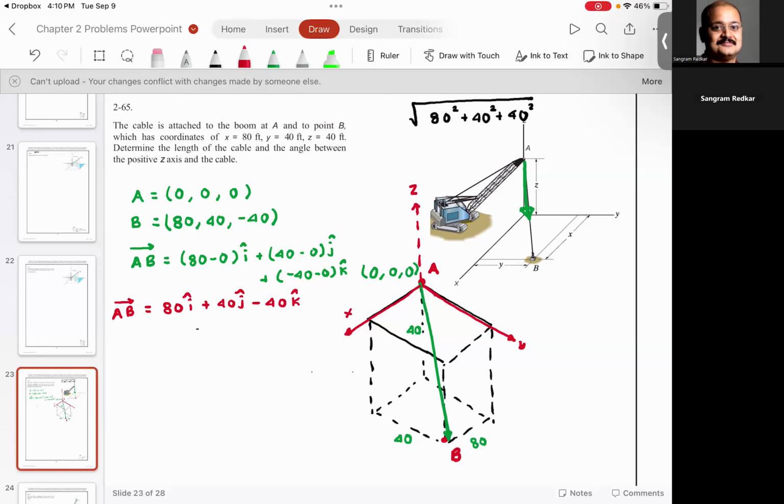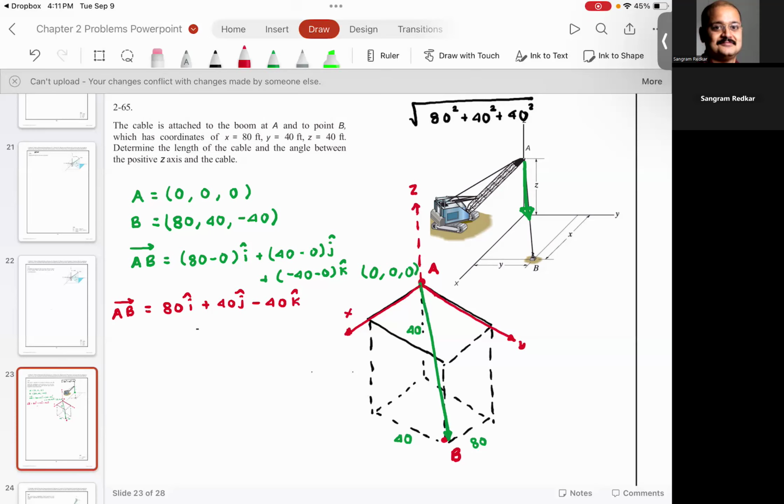What this is telling me is you are at point A. You want to go to point B. You need to travel 80 units in I direction. Do you agree with me? You need to travel 40 units in J direction, and you need to go down 40 units in K direction. Everyone understood this?